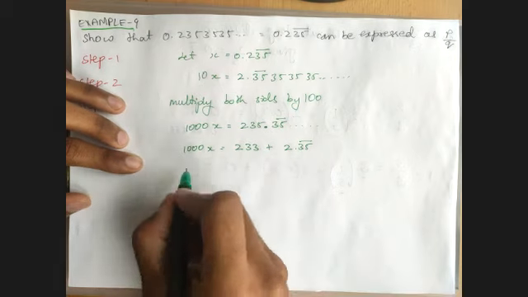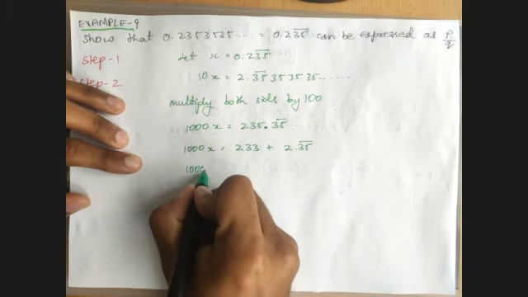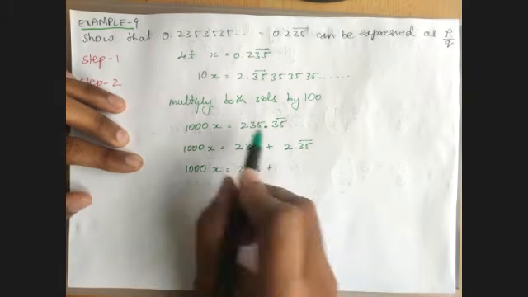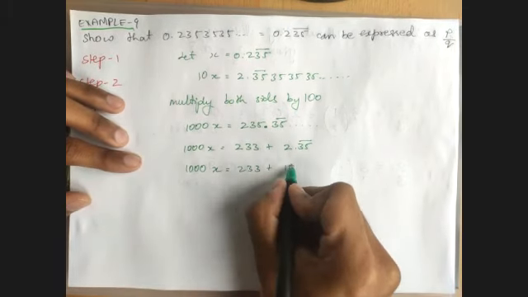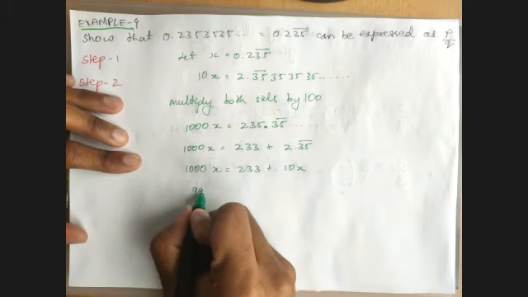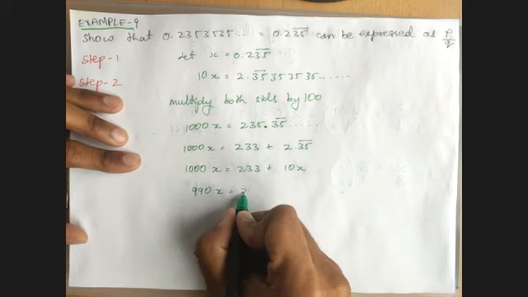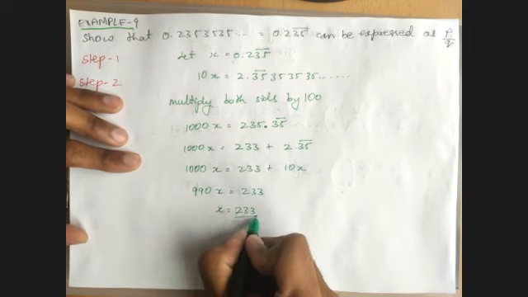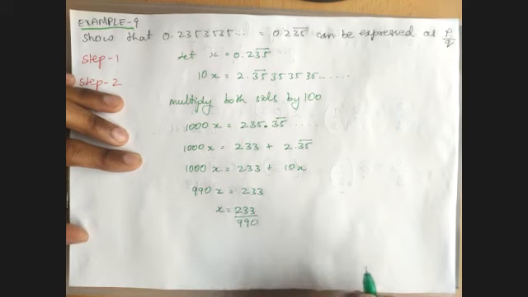This I know how to solve. We have already solved this. 1000x is equal to 233 plus this is nothing but 10x. So I write it as 10x. So when I subtract it here, it is 990x is equal to 233. x is equal to 233 by 990.